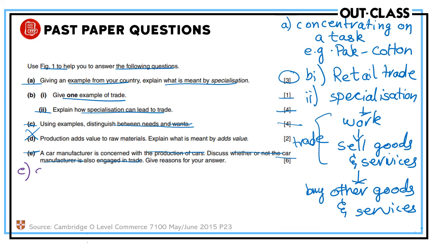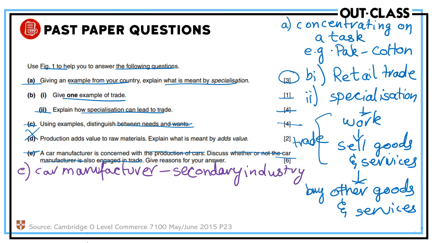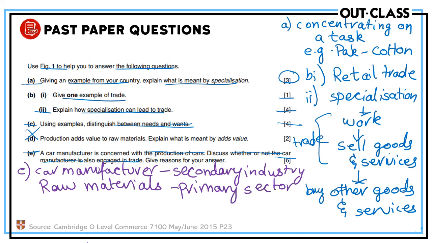So car manufacturer we know is in the secondary industry, and we know that he is using the raw materials, that is he's buying these raw materials from the primary sector. Then we also know that he is producing this to make a profit, right? Producing to make a profit.